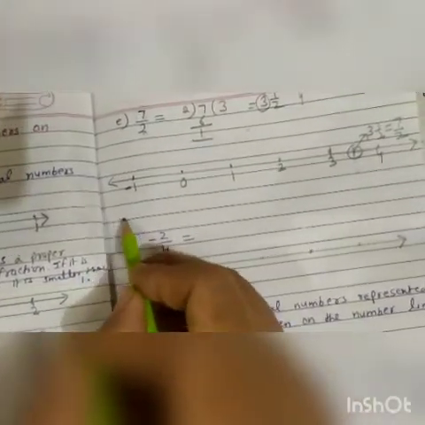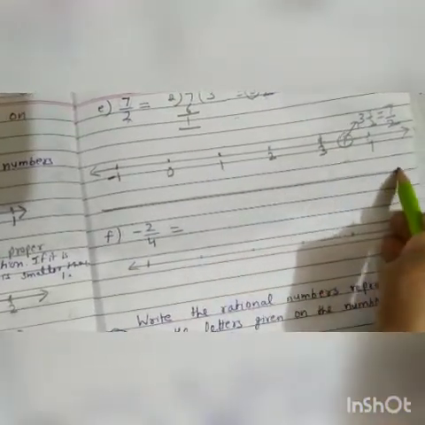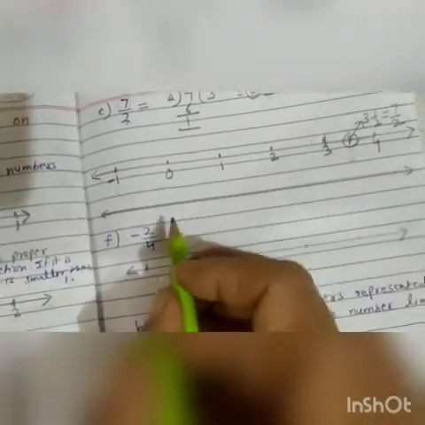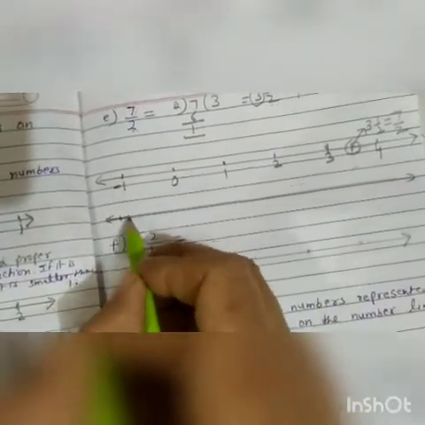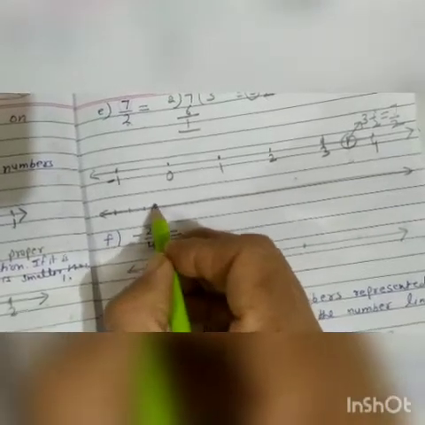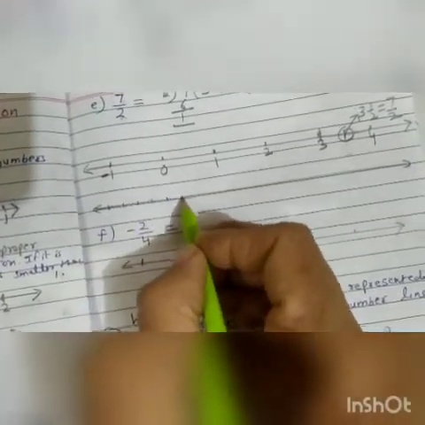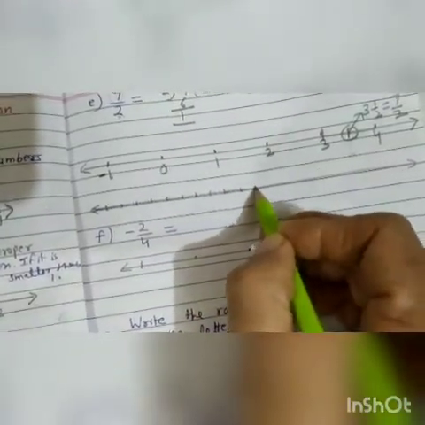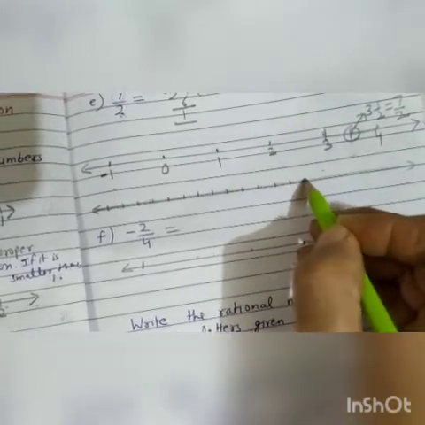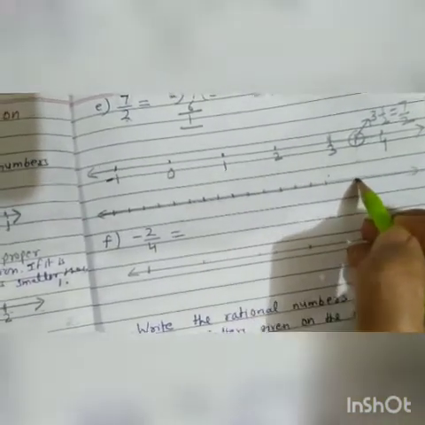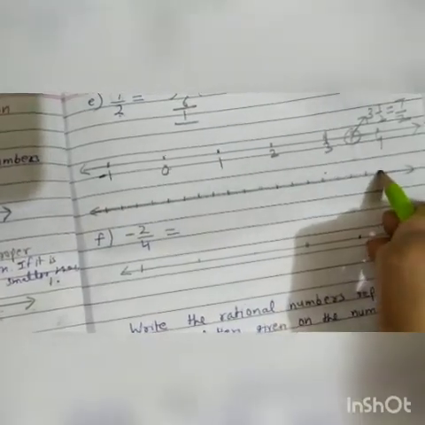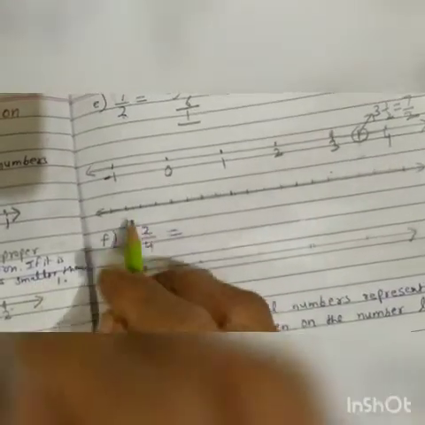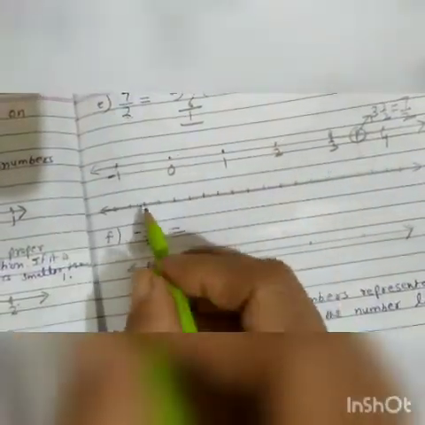Students, if you are finding it difficult, then what can you do? First, we will divide this number line like this into smaller parts. We have divided this number line into smaller parts, smaller divisions. This time we have to show 7 upon 2.